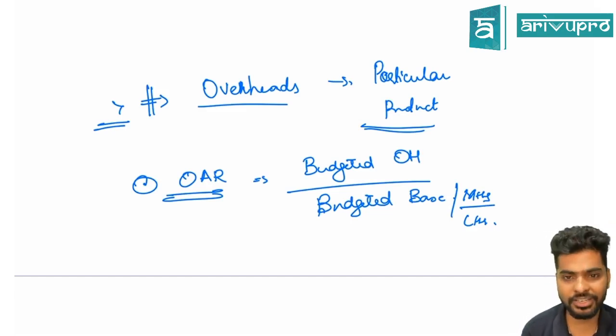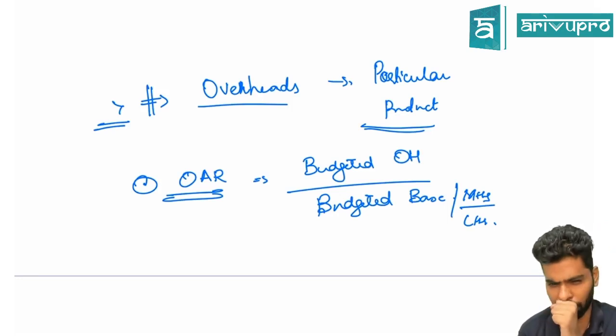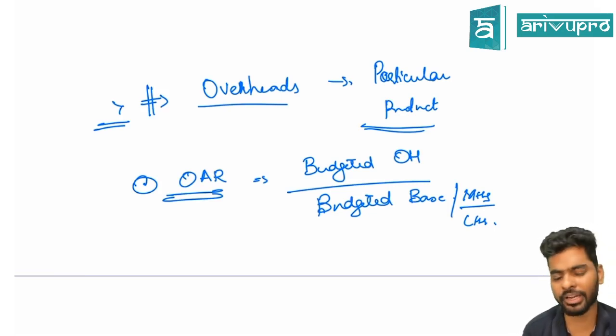Now, under traditional costing, what do I do? I do budgeted overheads divided by the labor hours, and this would give me an overhead absorption rate.